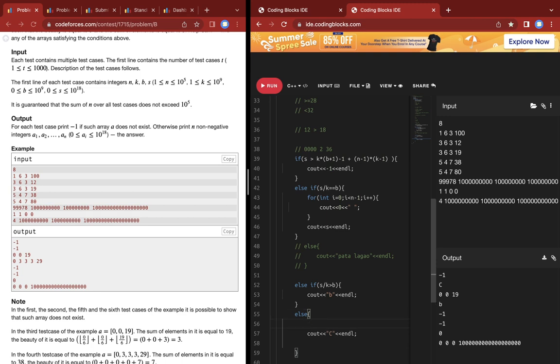I don't know, man. I'm just going to print this until I find a solution for this one. And for this one, how do I make an array? So what if... why have they printed out 3 here?